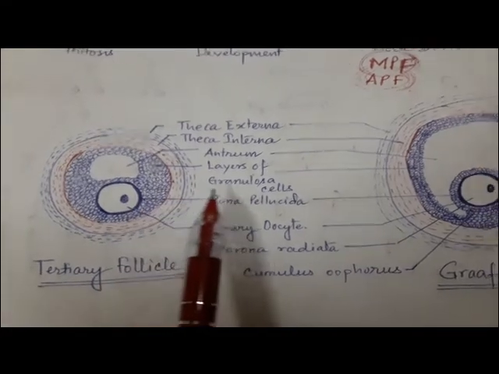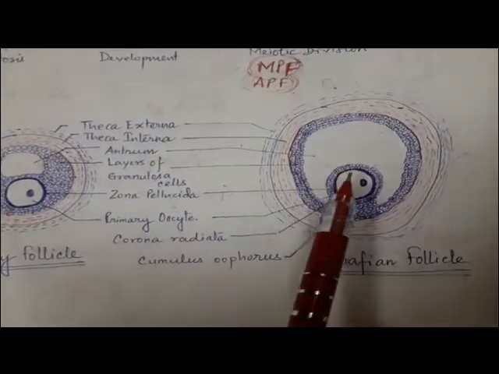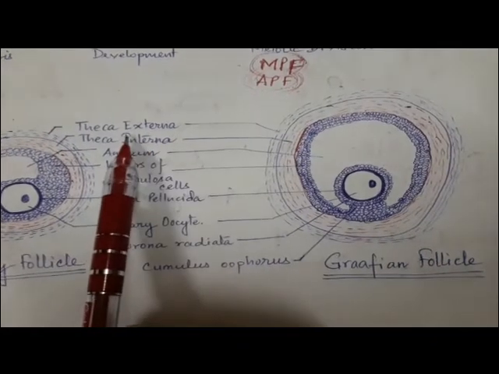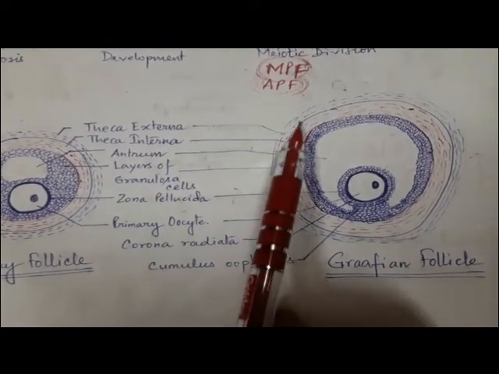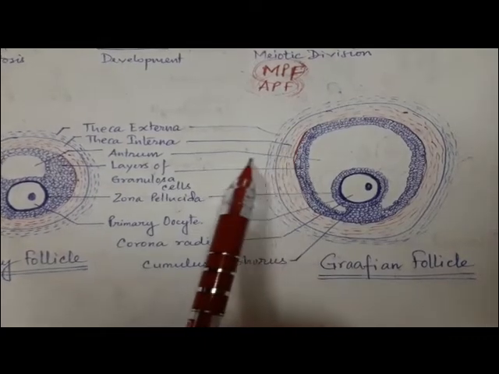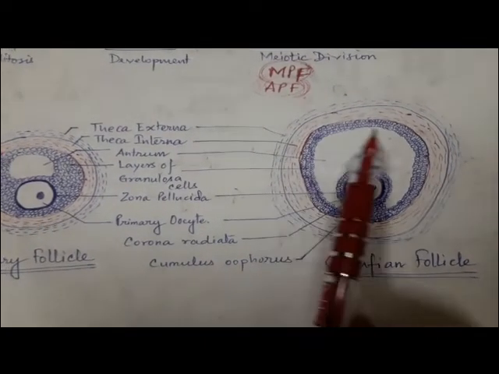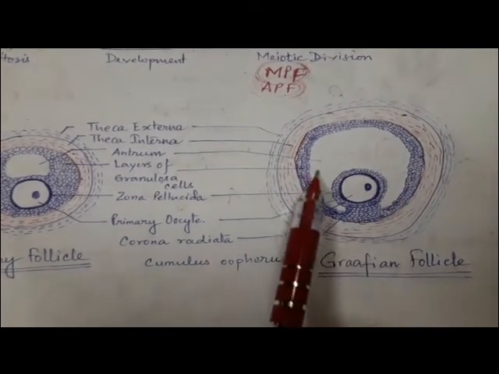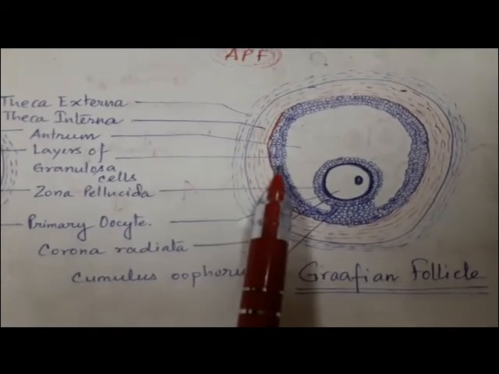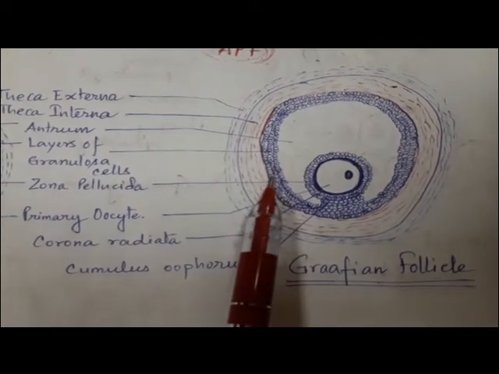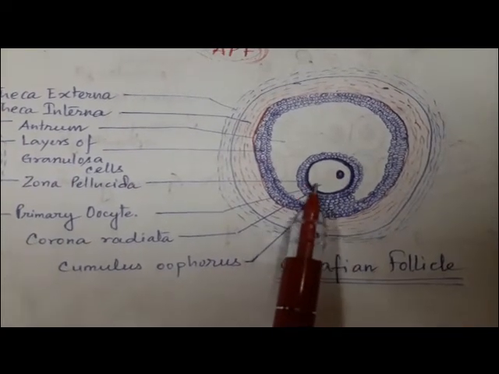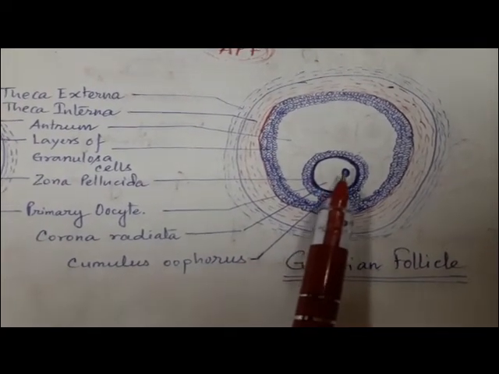And if we just focus on the Graafian follicle, here also you will find the structure is almost the same. The theca externa is present externally, followed by the theca interna, and there is also the cavity which by now has become bigger, and you can see the granulosa cells are also present here, right? And there is also the zona pellucida around the primary oocyte.